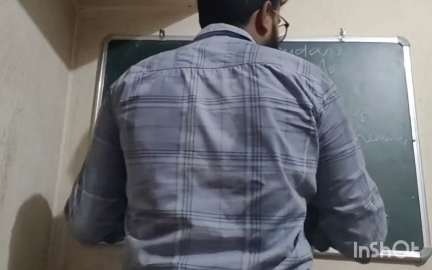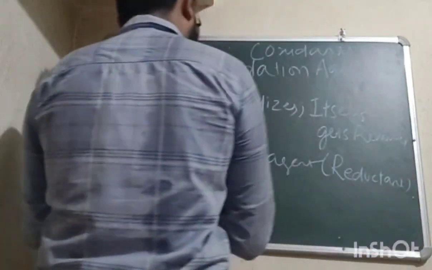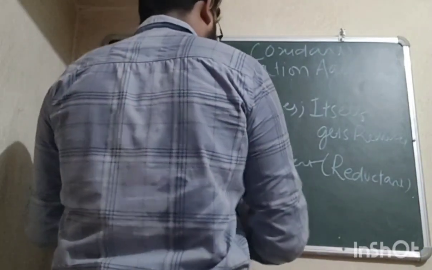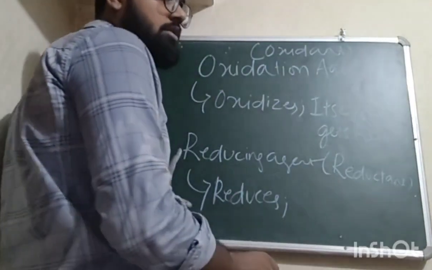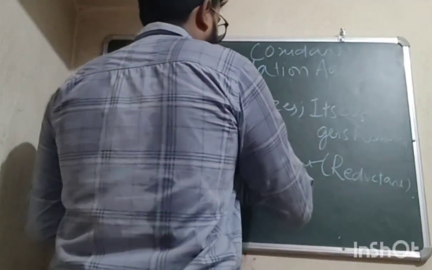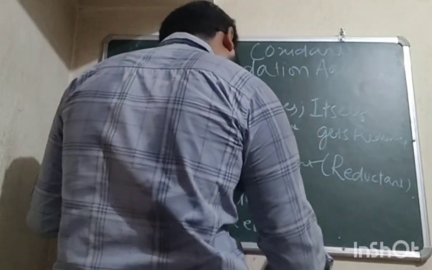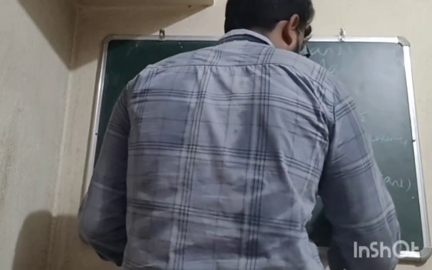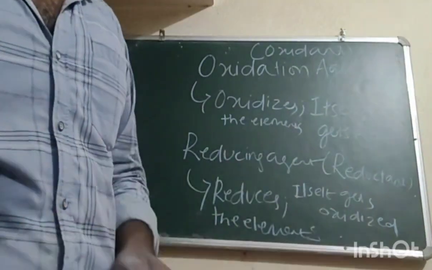The reducing agent is also known as reductant. It reduces the elements, but itself it gets oxidized. Itself gets oxidized, right?